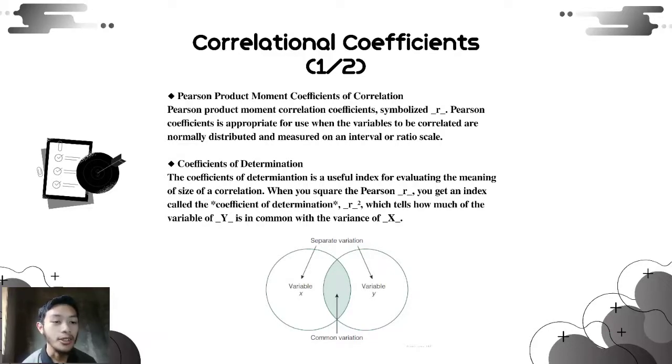And then the coefficient of determination. The coefficient of determination is a correlation that indicates the percentage of relationship. For example, this coefficient means the percentage of two variables that is related.